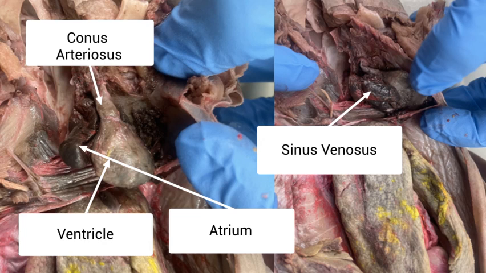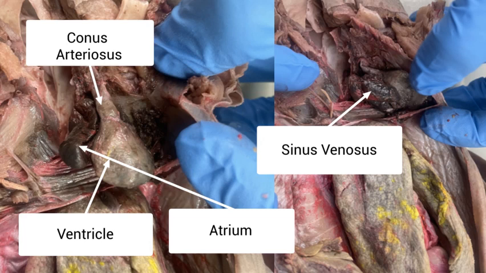From the ventricle, blood is pumped into the conus arteriosus. Like I mentioned, heart valves prevent the backwash of blood, thereby maintaining unidirectional blood flow. Blood continues from the conus into the ventral aorta, which is then pumped out to the rest of the body.